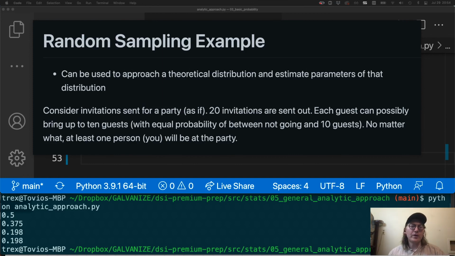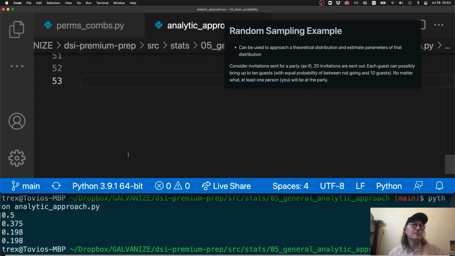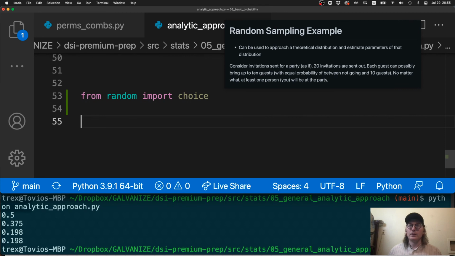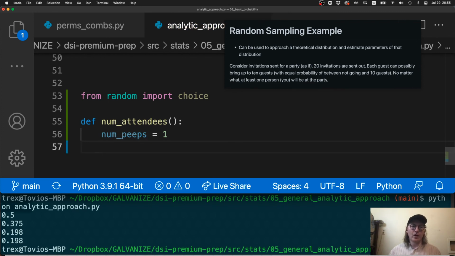So how do we start modeling this situation? We'll probably have to make a couple choices about how to interpret this. But we can start thinking about it most easily through randomly selecting numbers of guests. So let's say I'm going to write a function called number of attendees, and no matter what, there's going to be at least one, the host.